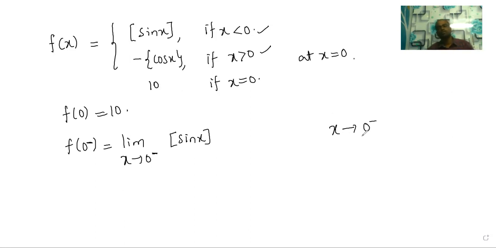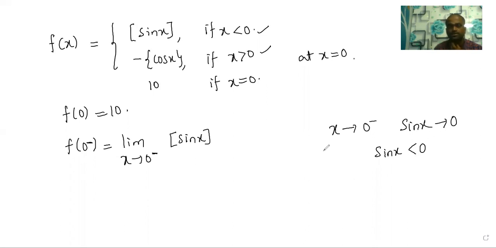So that point, minus 0.1 radian or minus 0.1 degree, lies in which quadrant? Fourth quadrant. In the fourth quadrant, sin x will be negative.